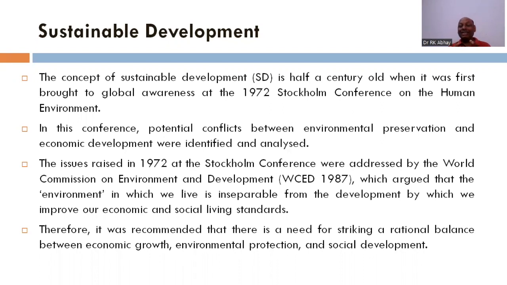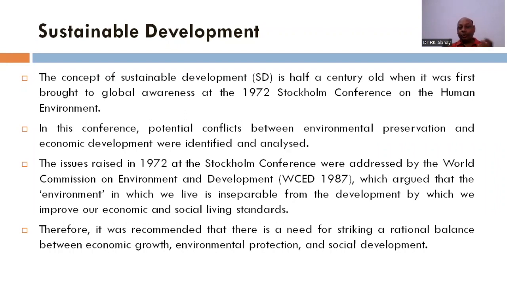So there was analysis to understand the relationship between both of them, and then it was understood that we need a form of development in which economic development is ensured, as well as the environment being preserved.